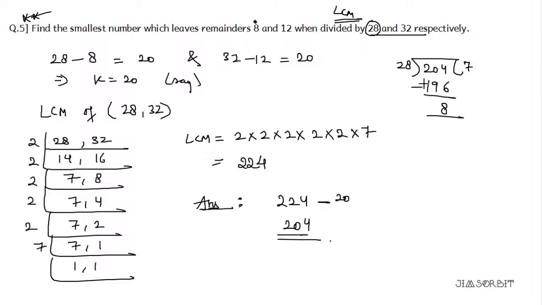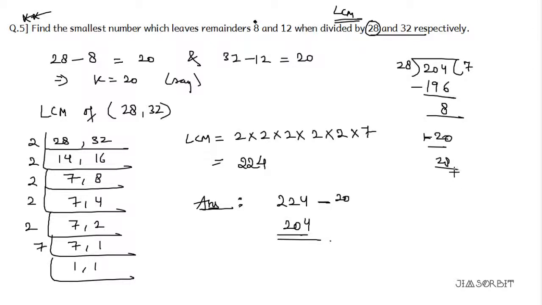So now think, 204 is not completely divisible because it is having 8 more. Or you can say if it was having 20 more, then it would have been completely divisible. If it was 20 more, then with 28 we would get 28 ones, so it would be completely divisible.